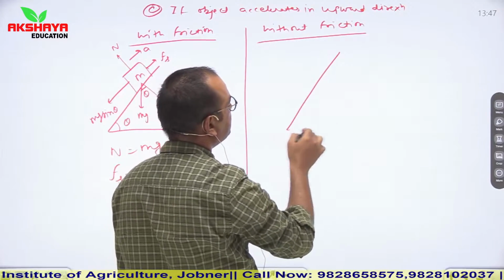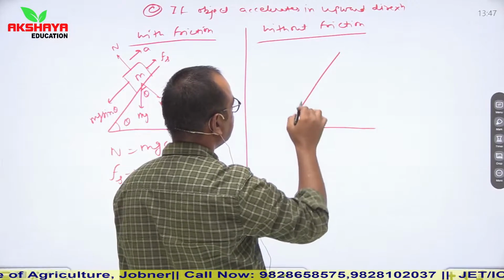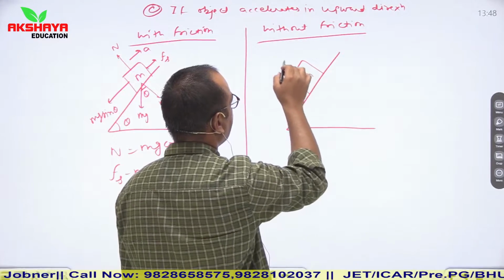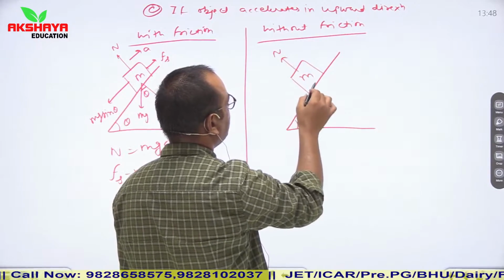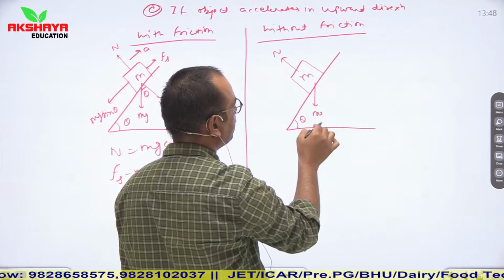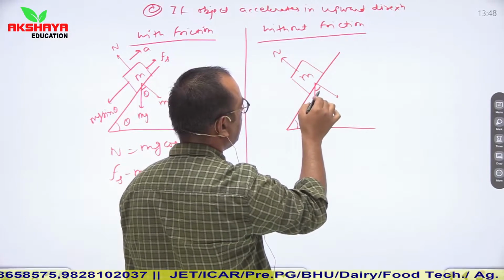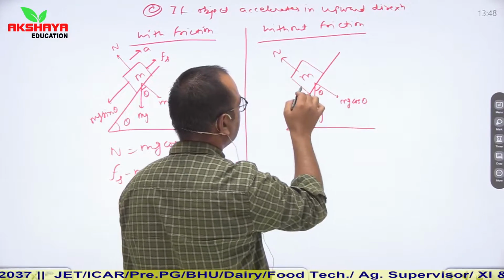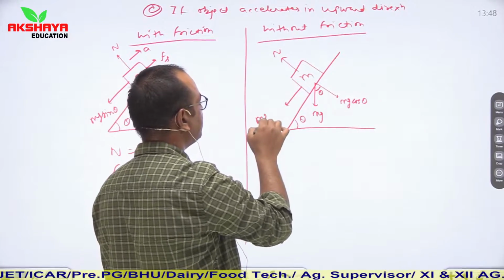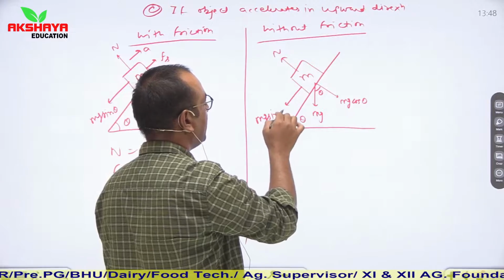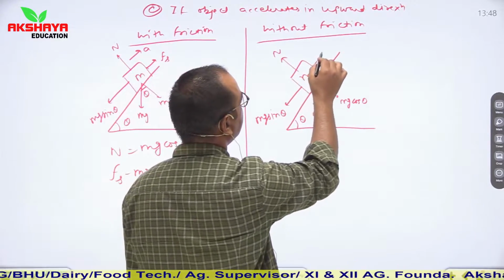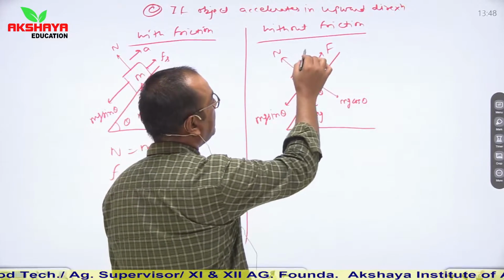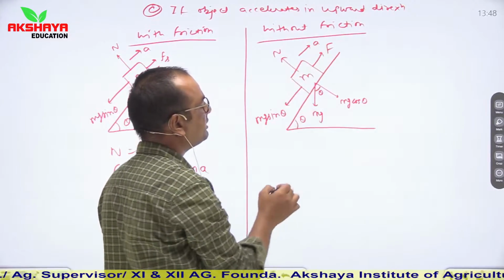in presence of an external force, let us say this is angle theta, this is an object of mass m, this is normal force N, mg vertically downwards, this is angle theta, so it is mg cos theta, this is mg sin theta. Now there is no friction, so let us consider that a force capital F is applied in the upward direction and it is also accelerating vertically upwards.